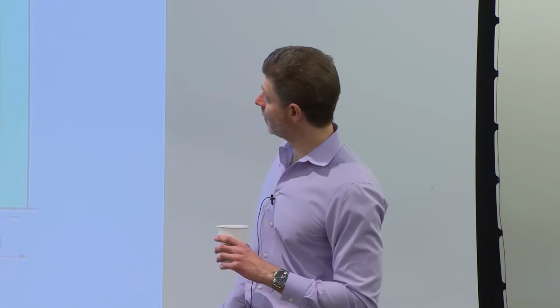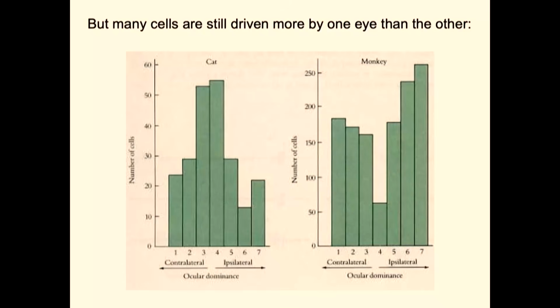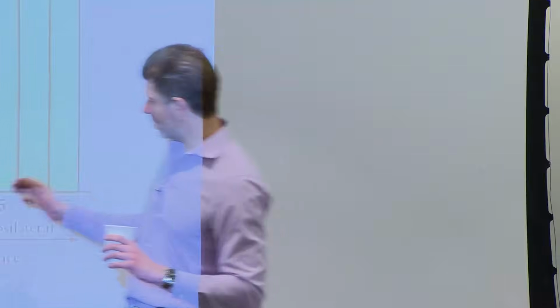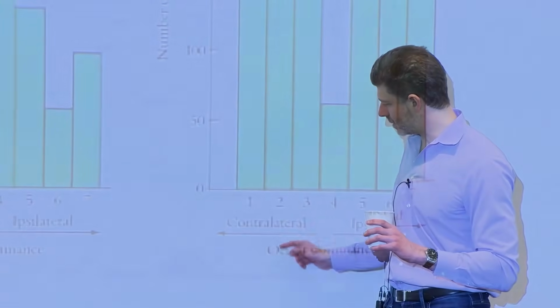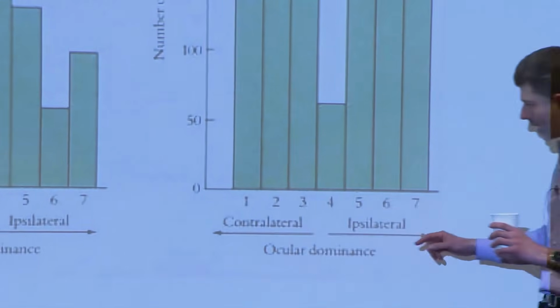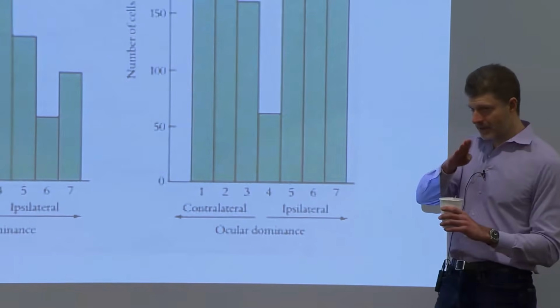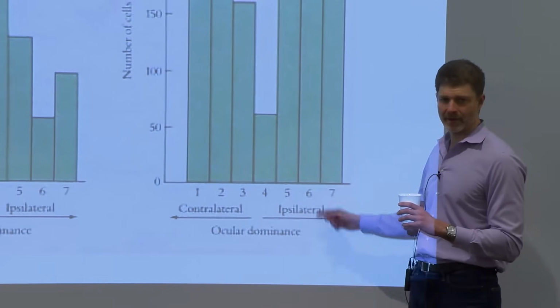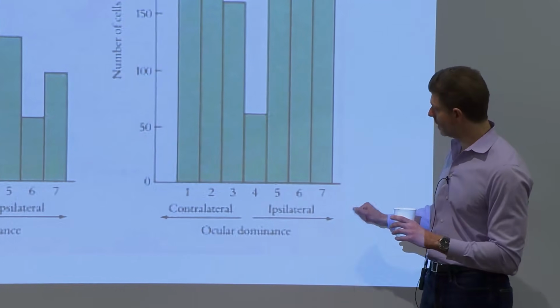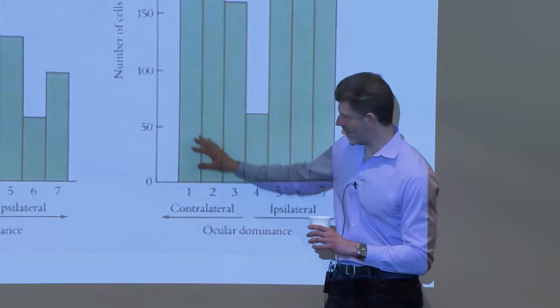This is a histogram in two different species that plots the extent of ocular dominance. On this end would indicate that the neuron is dominated by the contralateral eye, contralateral meaning the opposite side. On this end, it would mean that it's dominated by the ipsilateral eye. The point is that there's a lot of mass out here and out here.